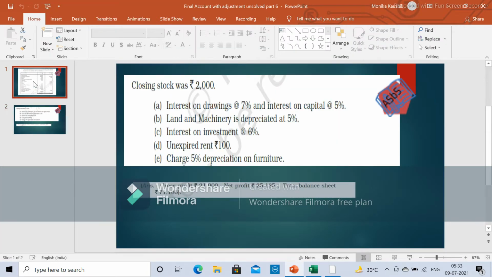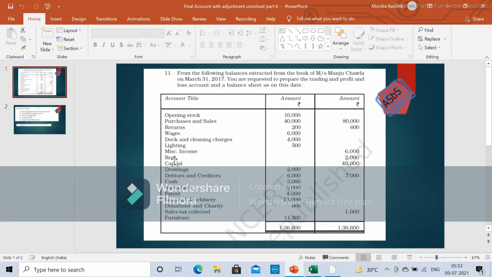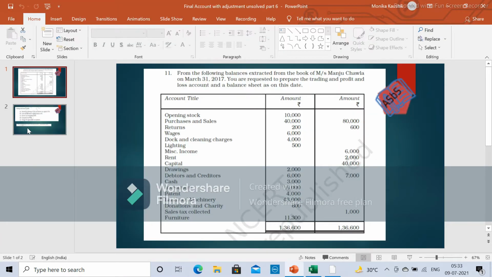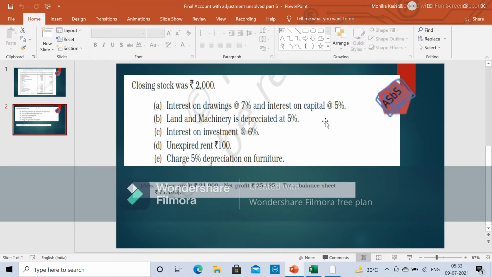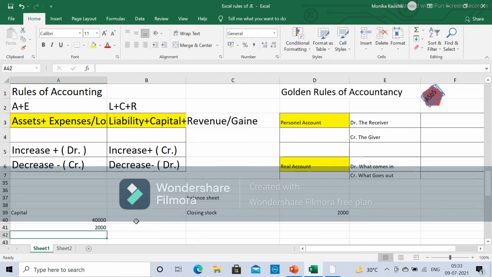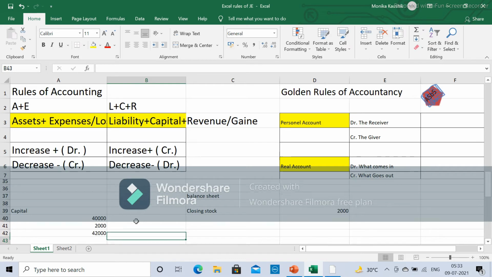Capital portion is 40,000, I guess. 40,000 multiplied by 5%, that will be the interest. So 2,000 rupees I am adding here. Now the capital portion is 42,000.